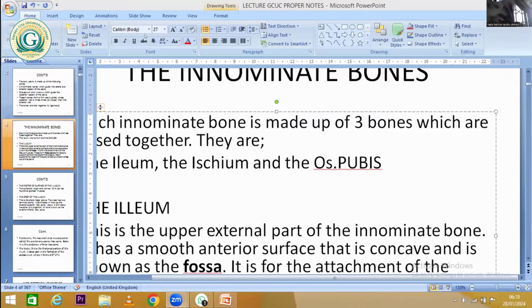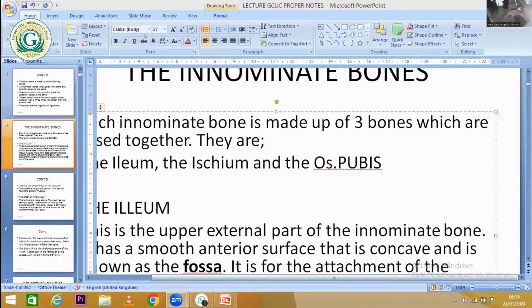Please, I'm showing the pelvis. Have you seen the pelvis? Yes, sister. Very good. So this is the portion called the ilium. It is this portion that we are talking about as the flared out portion. It has an anterior surface, posterior surface, an inner surface, and an outer surface.